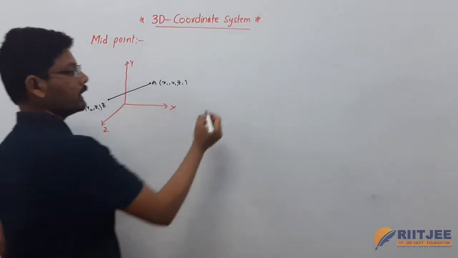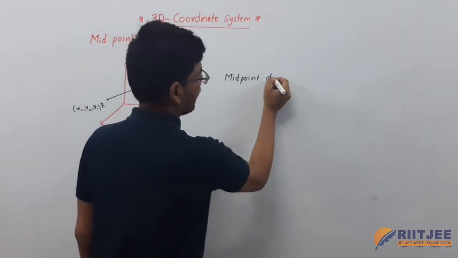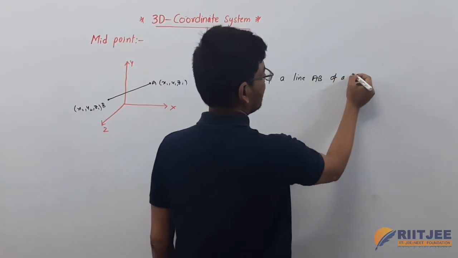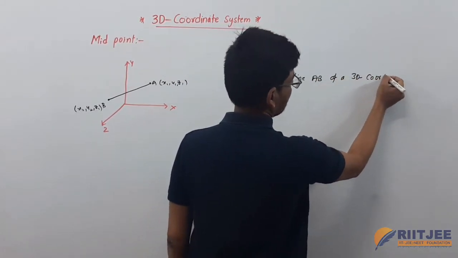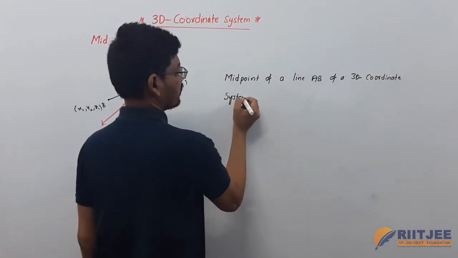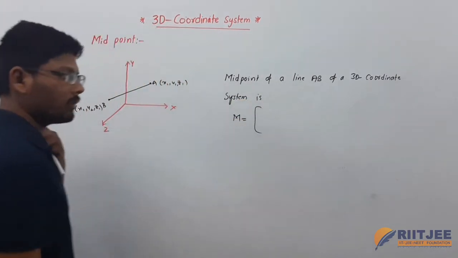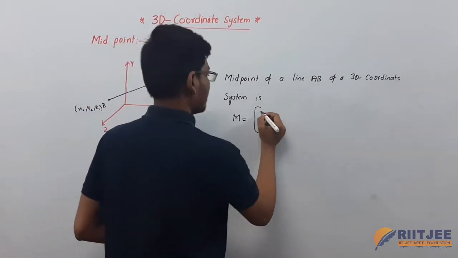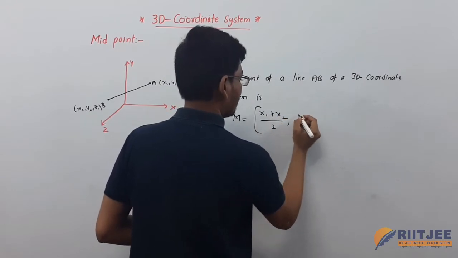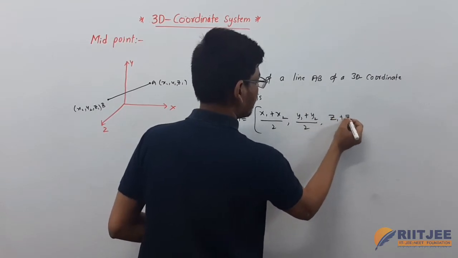Here I am taking midpoint of a line AB of a 3D coordinate system, midpoint M. So how do we find midpoint M? It is x1 plus x2 by 2 comma y1 plus y2 by 2 and z1 plus z2 by 2.